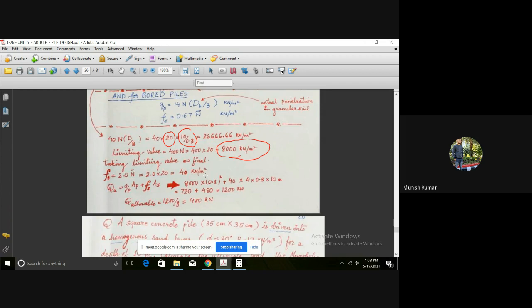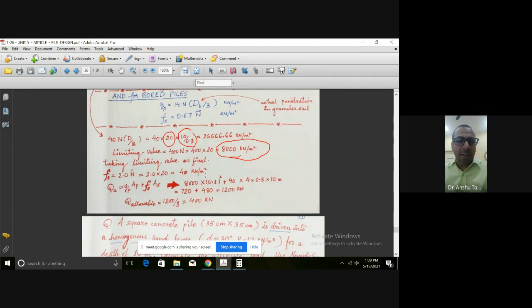पाइल में जो रेजिस्टेंस आएगा प्लस स्किन फ्रिक्शन. Q ultimate is equal to QP into AP plus QS into AS. QP into AP plus QS into AS is a generic formula to find out the Q ultimate.